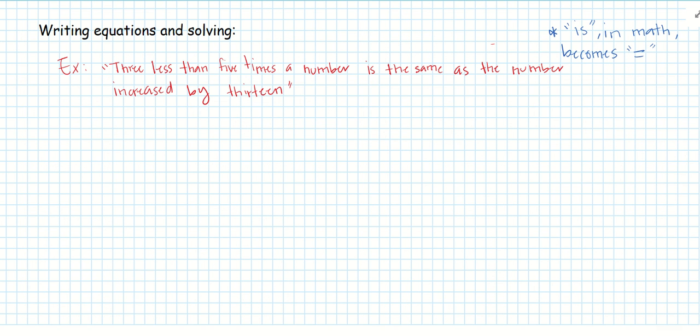So, let's see, it says 3 less than. Let's remember that less than means subtracted from, okay? So here we have the number 3, and it's being subtracted from 5 times a number.